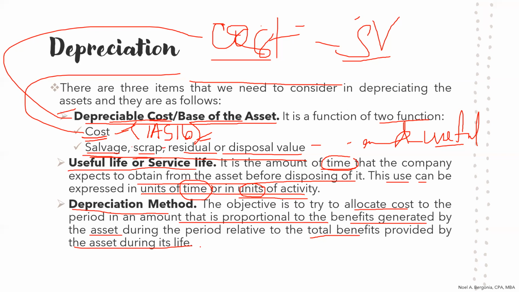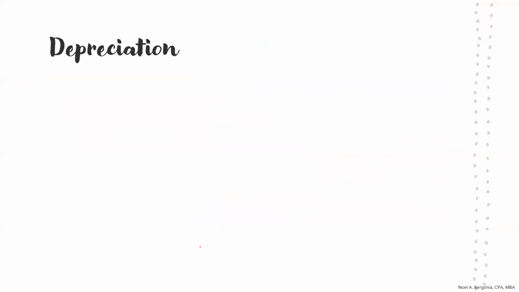So after knowing the elements that would be used in computing the depreciation, the next question that we need to answer is, kailan ba nagsisimula yung depreciation? Okay? At kailan natitigil yung pag-recognize ng depreciation? So this is based on IAS number 16, which is, again, the accounting standard for property, plant, and equipment.